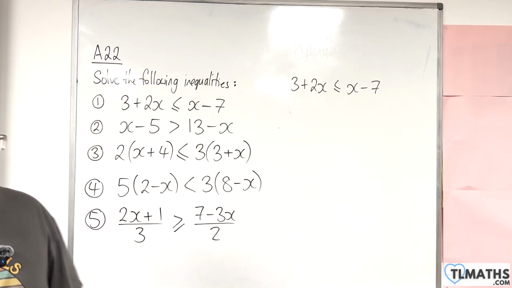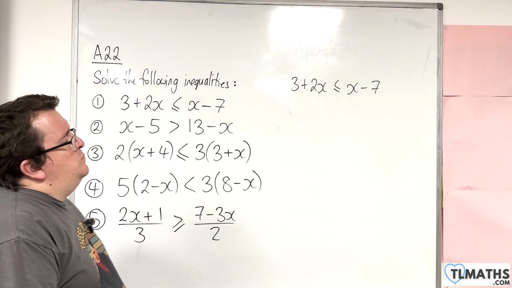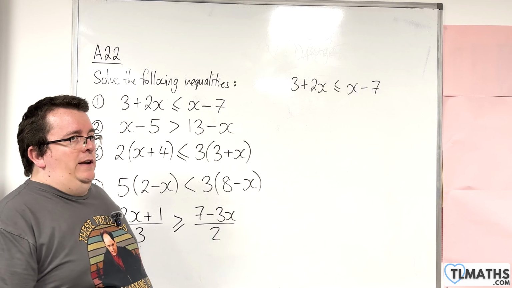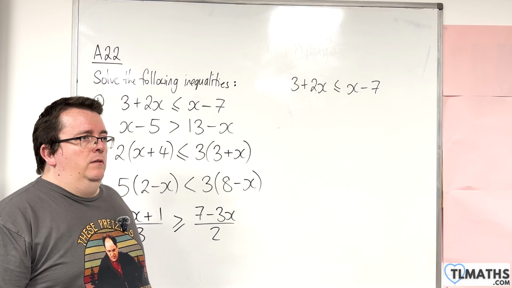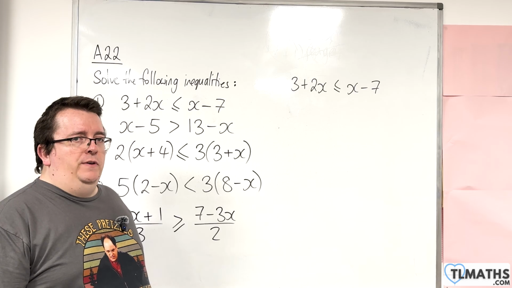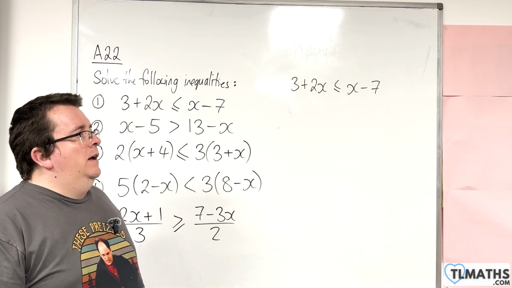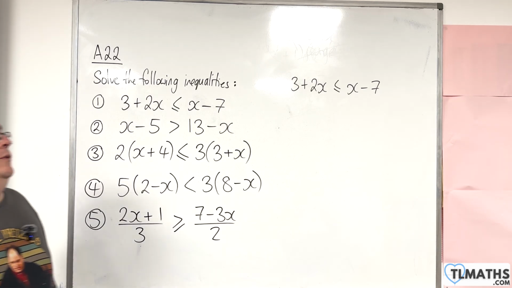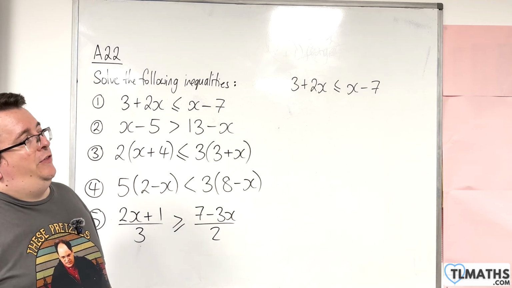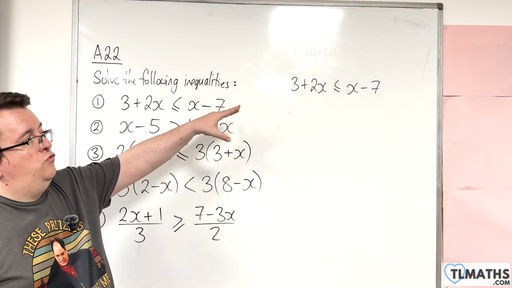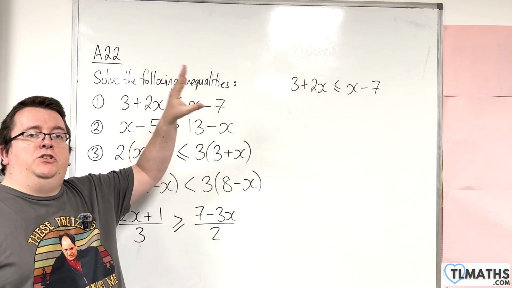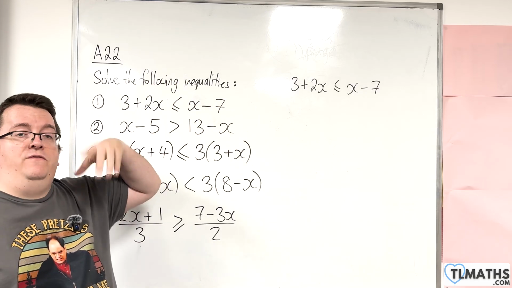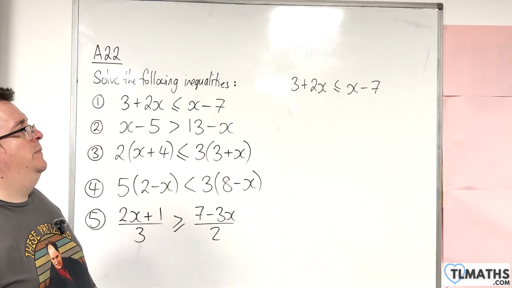Now, before we begin, essentially, when I'm solving these types of inequalities, I would work with it in the same way that I would solve an equation, in the sense that I would try and get to the easiest number of x's to deal with as possible.